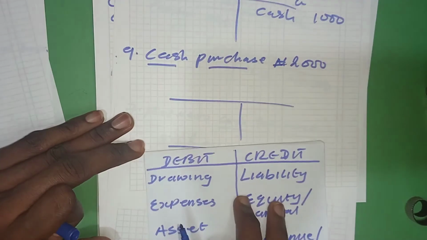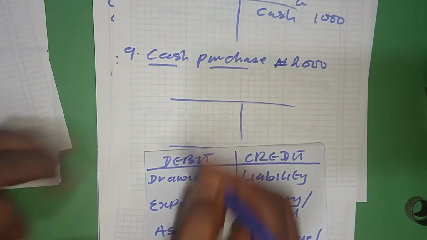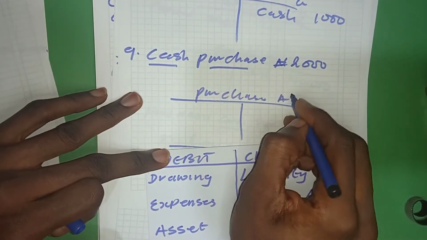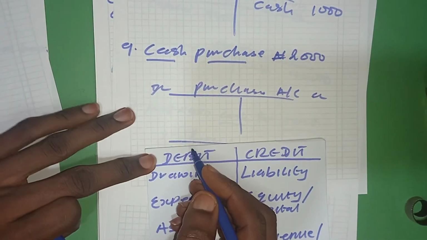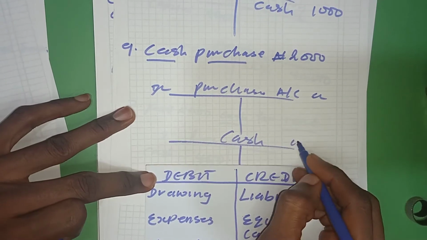So in this case, since we are the one purchasing, accounts, credit, debit. Here is your cash account, credit.